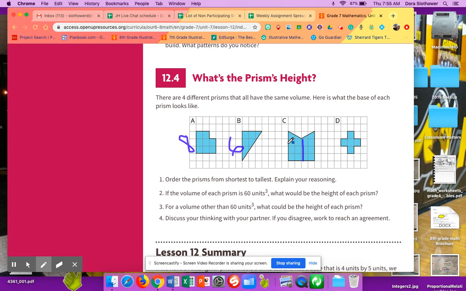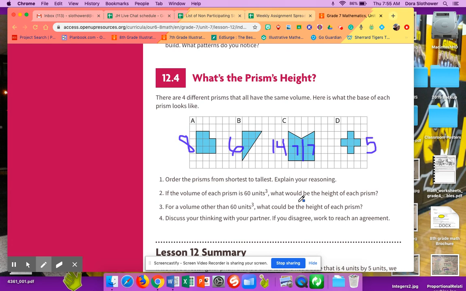So 1, 2, 3, 4, 5, 6, 7. 7 times 1/2 is 3.5, and then times the height of it, which is right here, 2, which is 7. Now, that means this side is 7, and this side is 7. So in total, the base is 14. And D, 1, 2, 3, 4, 5.